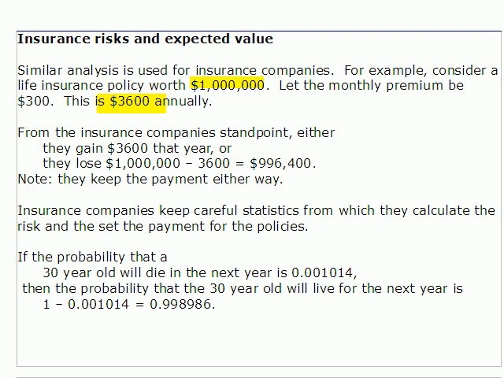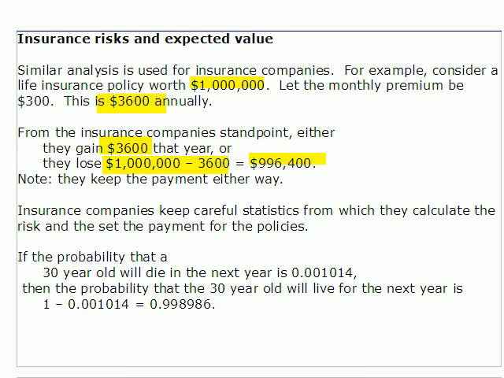From their standpoint, they either gain $3,600 that year or they have to pay out $1 million. But they do get to keep the $3,600 that they took in, of course. So they have to pay out $996,400. Remember, they keep the payment either way.